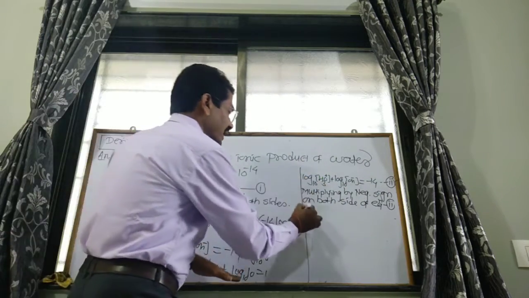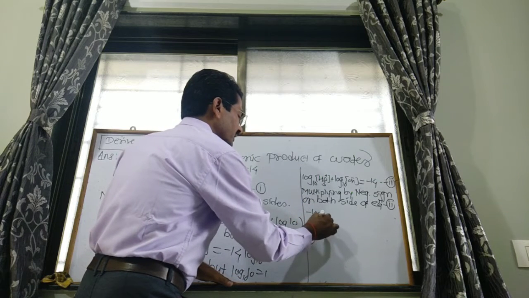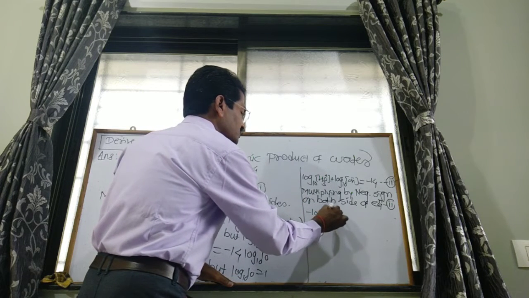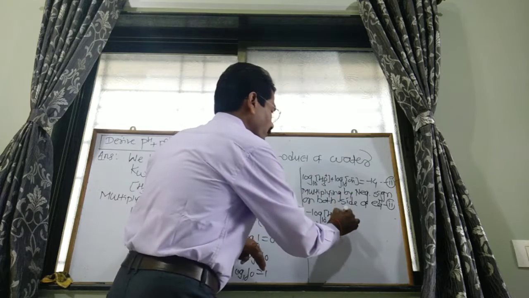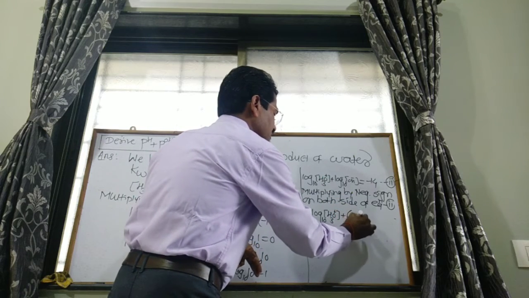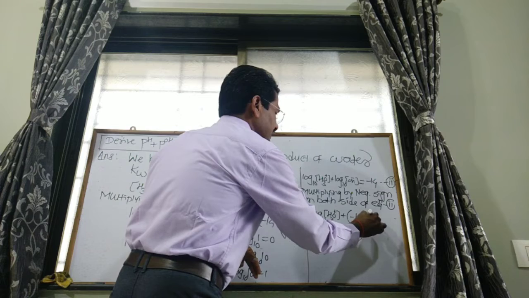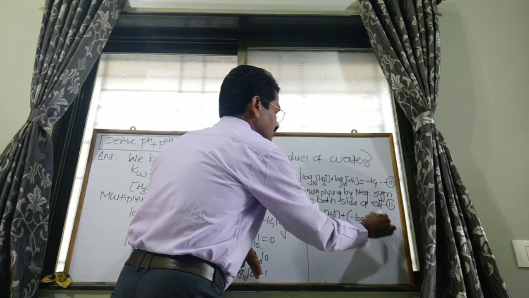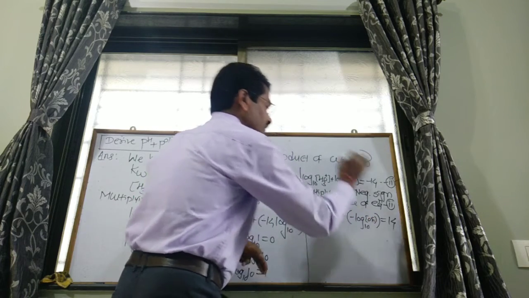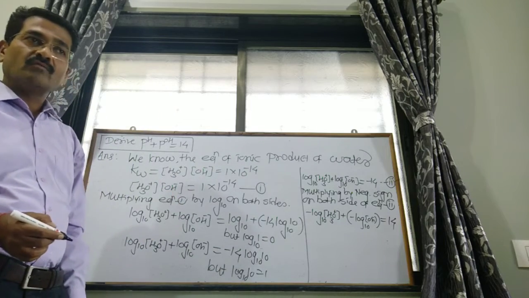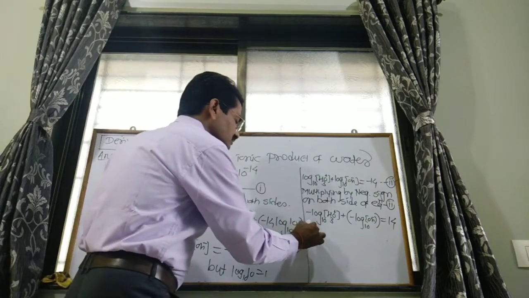So we get minus log to the base 10 of the concentration of H3O+ minus log to the base 10 of the concentration of OH- is equal to 14.